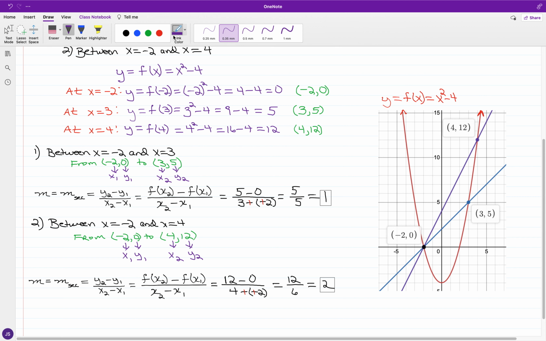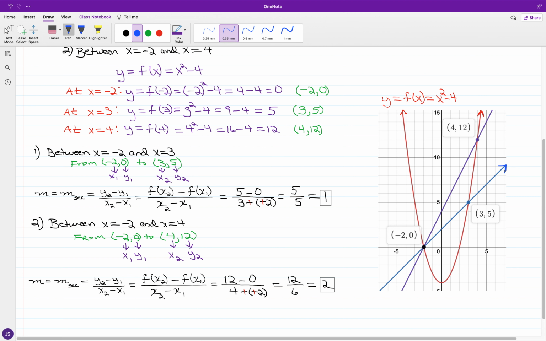For the graphs you see here, the straight line meets the function at negative 2, 0, and going from x equals negative 2 to x equals 3, this line connects these two points.